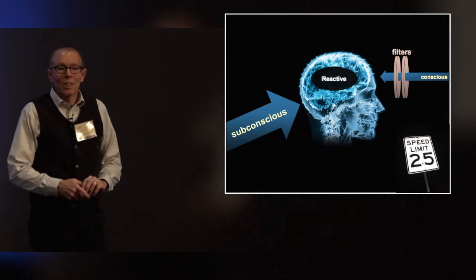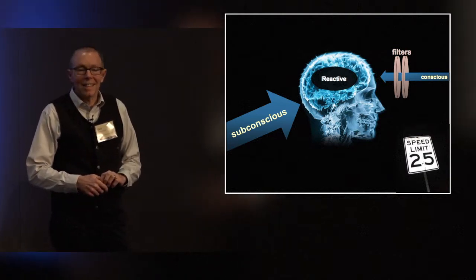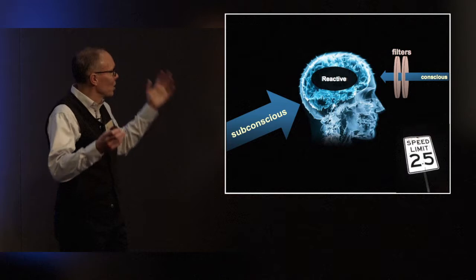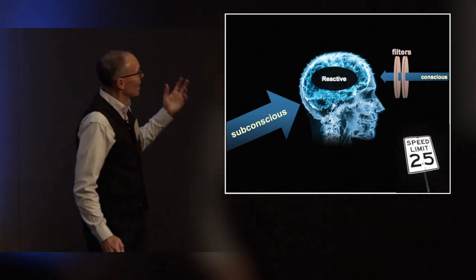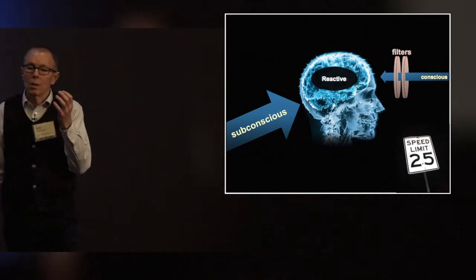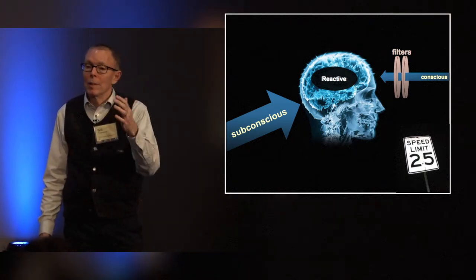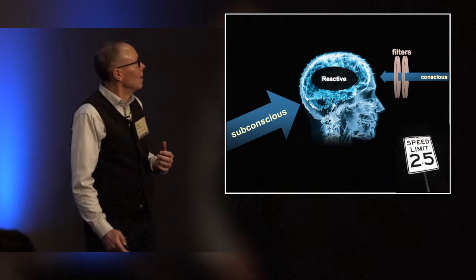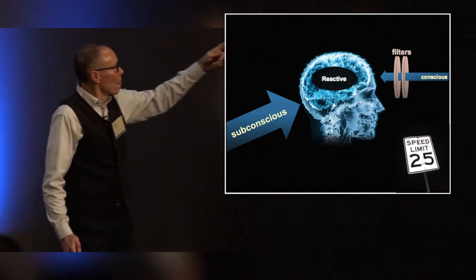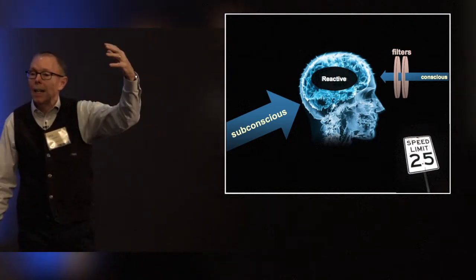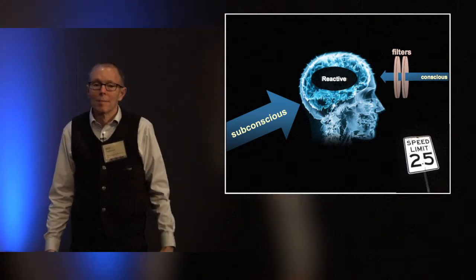So let's think about this in terms of cognition. This is the human brain, sort of. It's a bad representation, but one of the things we'd like to believe is that we as human beings are very proactive, but we tend to be very reactive. So we are influenced by conscious messages coming at us.